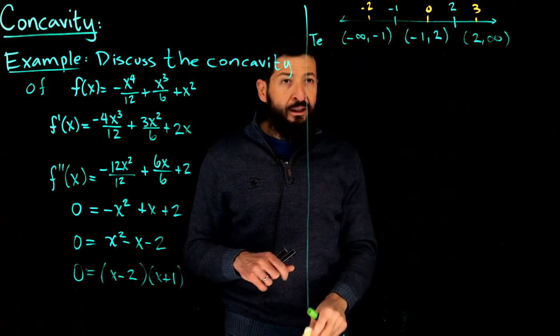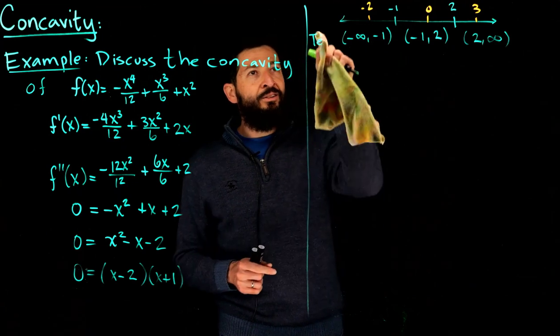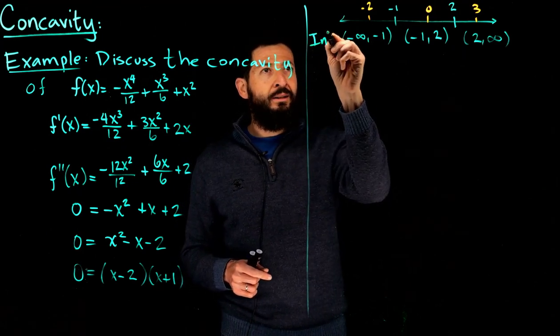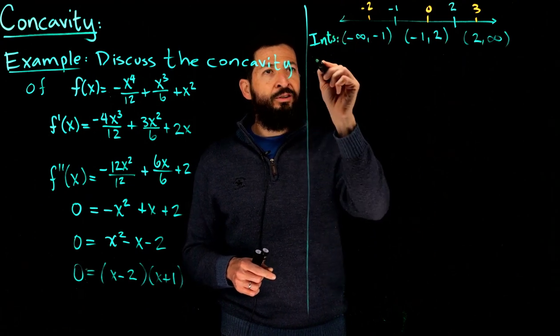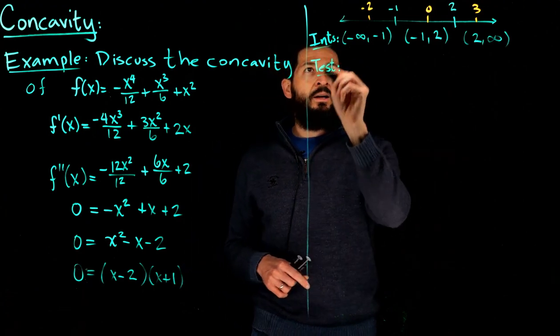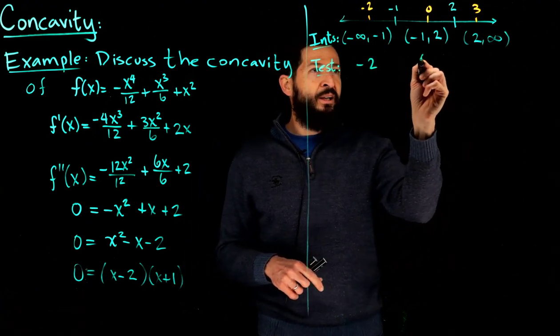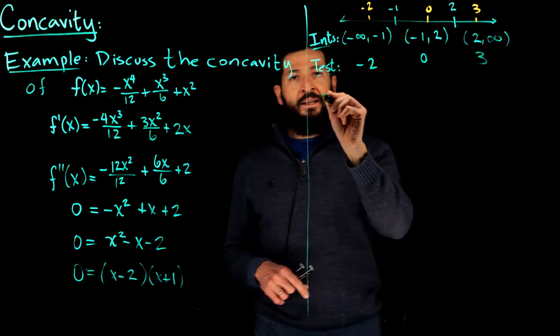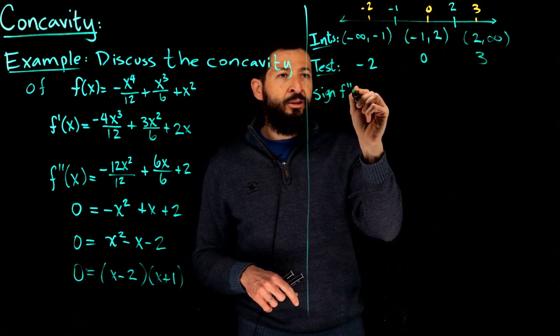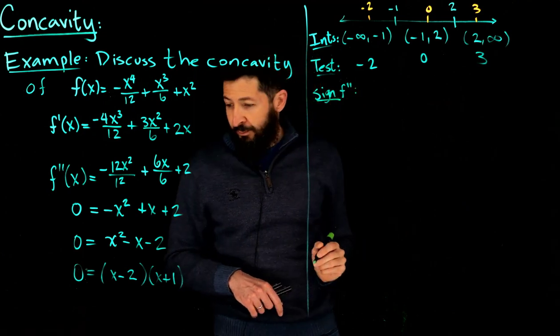And here I needed to write intervals. The next row is the test value, so let me fix that real quick. My intervals, my test values. I put them there, -2, 0, and 3. And then I need to look at the sign of the second derivative. Not the first, but the second.